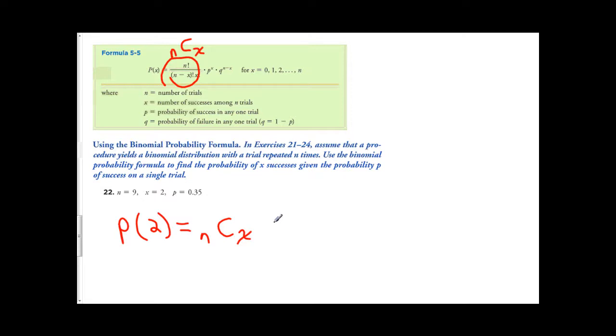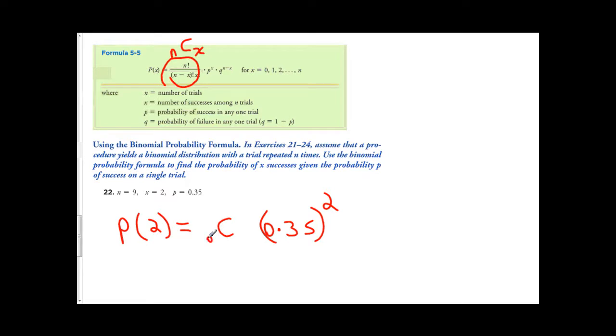Well, p is 0.35, 0.35 to the x, and x we said was 4, or 2, sorry, 2. So actually, we can replace this x with 2, and this n is actually given to us as 9.